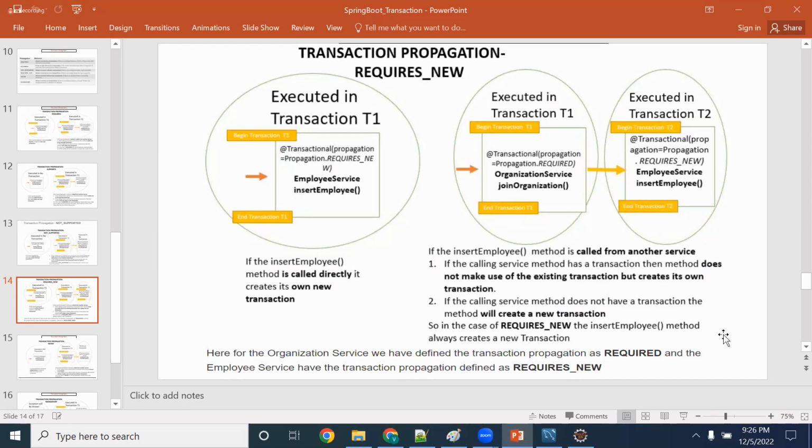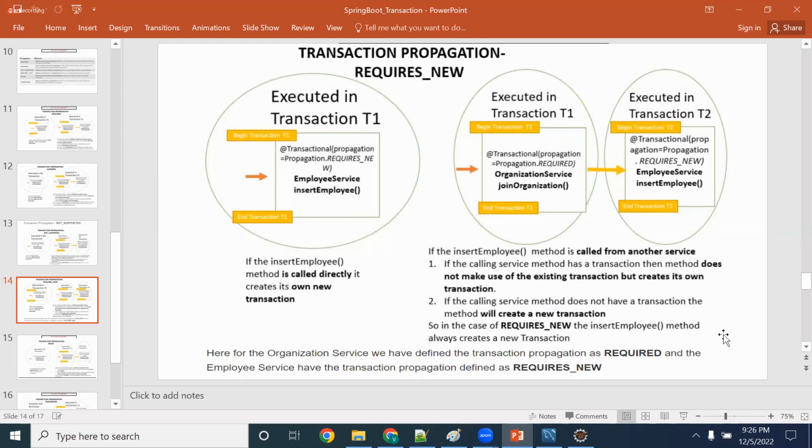So, sir, every service calls the transaction. Fundamentally it creates a transaction if it does not exist. Your voice is breaking actually. Can you repeat? Are you able to hear me? Yes, still clearly.